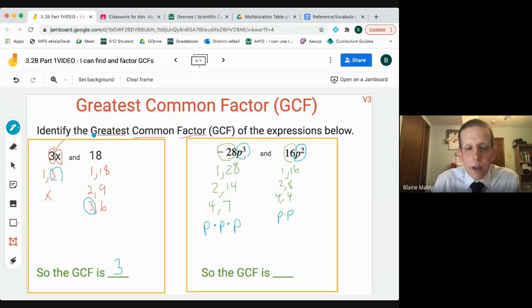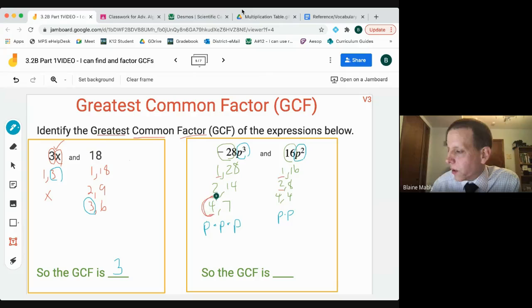So now again, I'm looking for the greatest common factor. Let me use some cause and effect language to make it easier to understand. So I see lots of common numbers. The greatest common number, though, is 4.